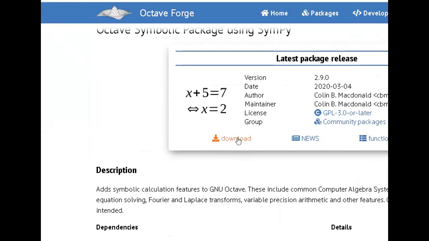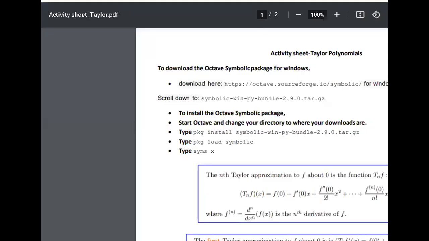After you download that one, you will get something like this. Yeah, this one, right? Symbolic.